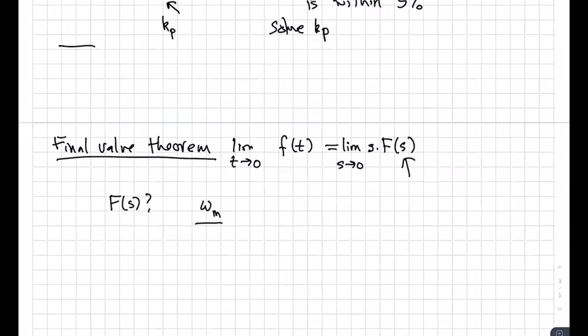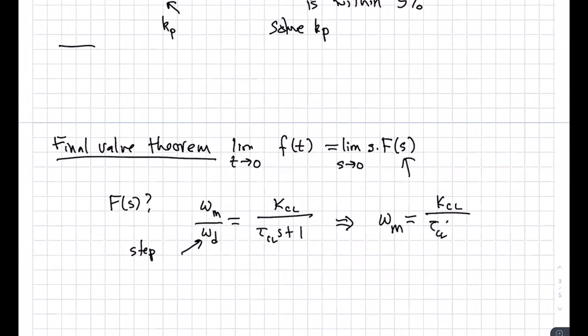So I take my omega m over omega d transfer function, which is K CL over tau CL S plus 1, right? And then I want to find omega m, given that I give this guy a step, right? So omega m is K CL over tau CL S plus 1 times the omega d0 divided by S. This is a step of omega d0, right?